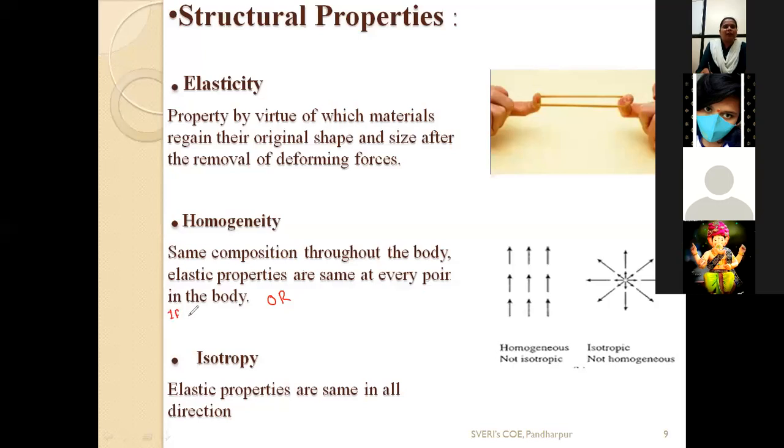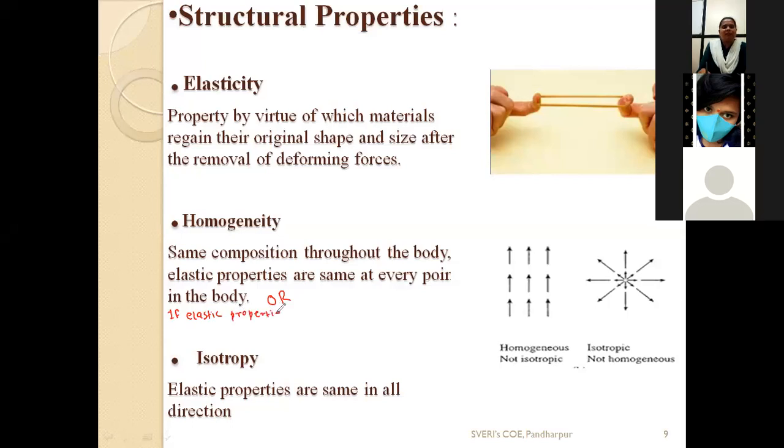If elastic properties are the same at every point in the body, this is called homogeneity. For that, I will draw a figure here and then I will explain.